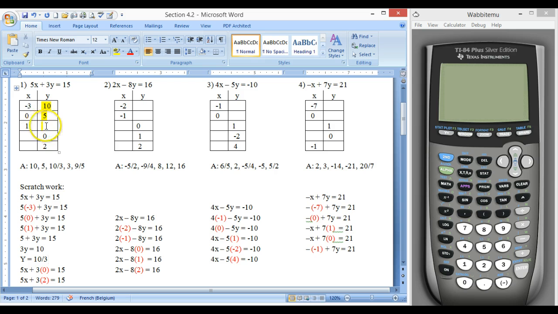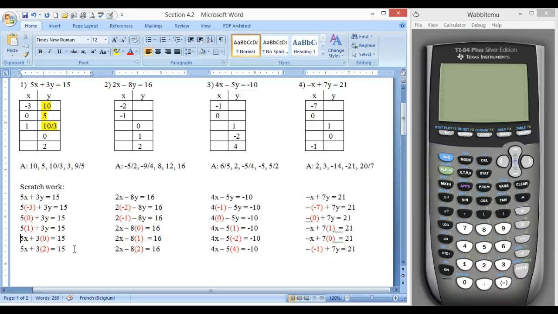And I'm going to put that in here. I could change that to a mixed number instead of an improper fraction, but I'm going to go ahead and stick with the improper fraction because I think most of your answers on your homework are also in improper fractions.